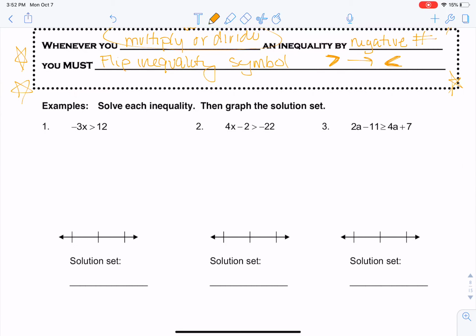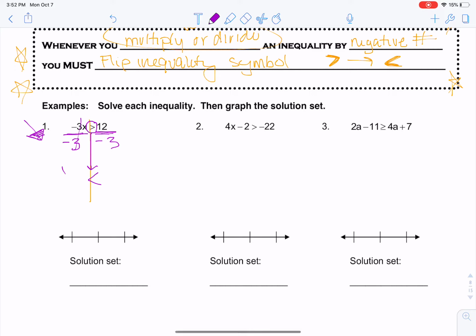So this first little problem here, just like yesterday, I'm going to draw my line down the middle. I'm going to start getting x by itself. So to do that, the only step I need to do is I'm going to divide both sides by a -3. Now this is where those unicorns should be flying. I divided both sides by a -3. So right away I know that I have to switch that greater than to less than. So I do that before I do anything else, okay?